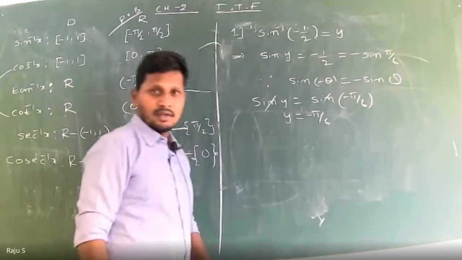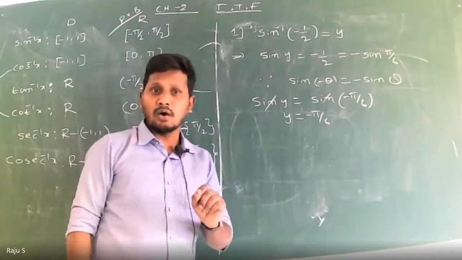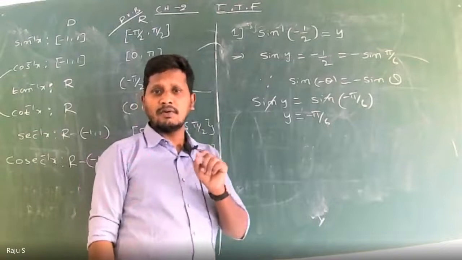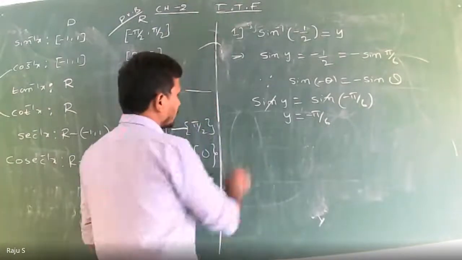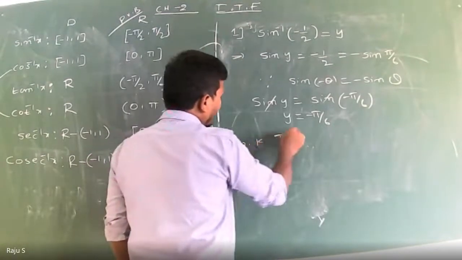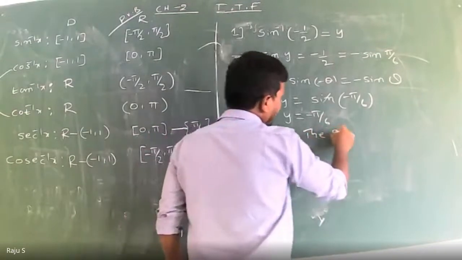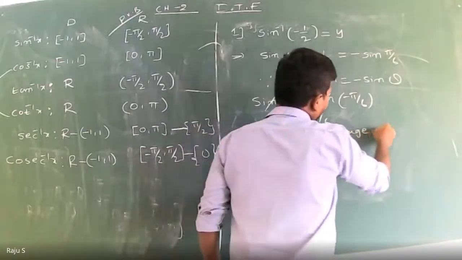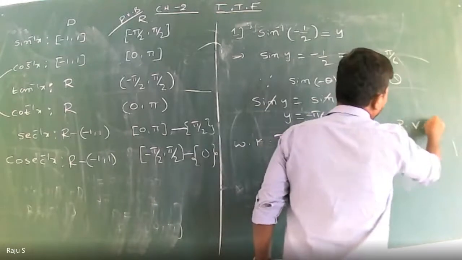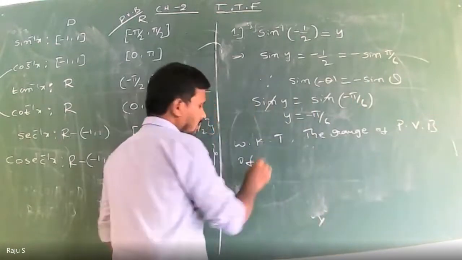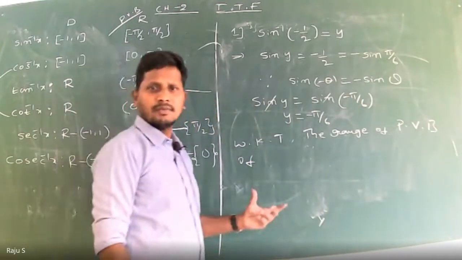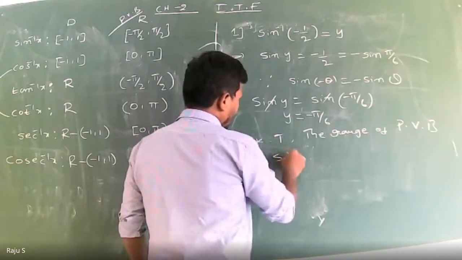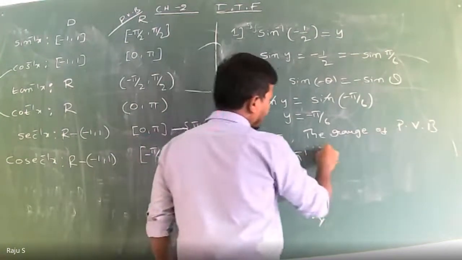Now, first of all, you should know what the principal value branch of sine inverse is. So here we know the range of the principal value branch of sine inverse. Sine inverse is from where to where?